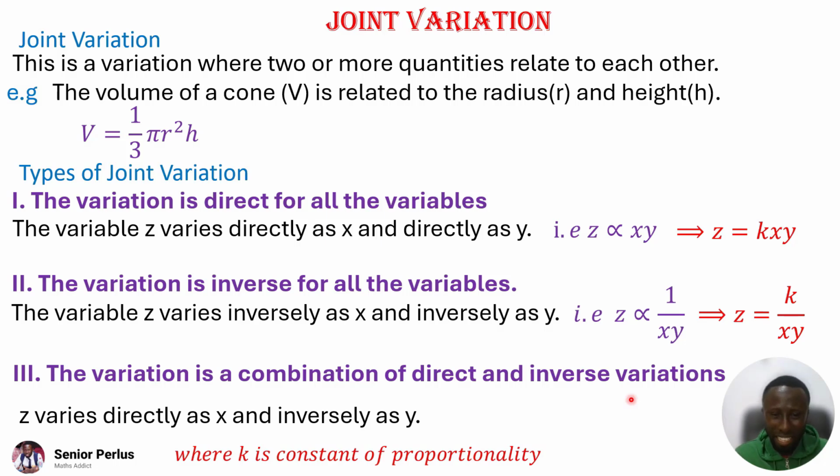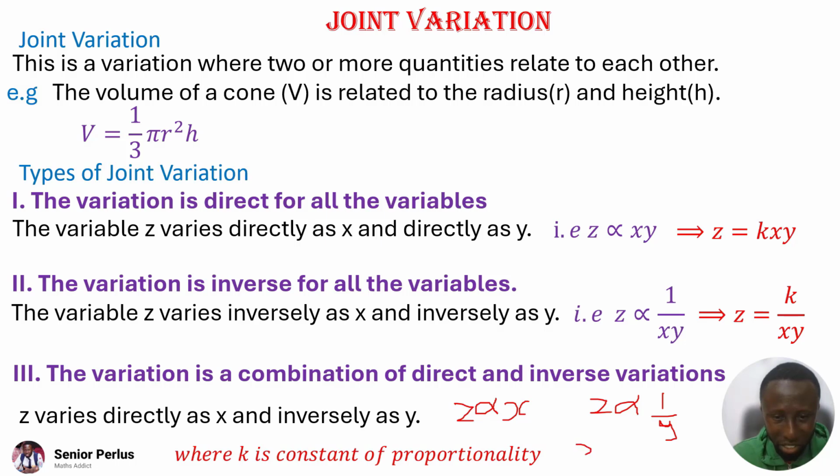So z varies directly as s, then z varies inversely as y. So this is the combination.